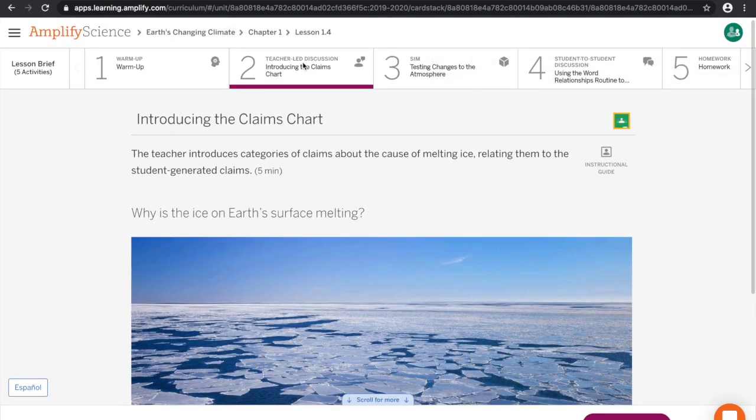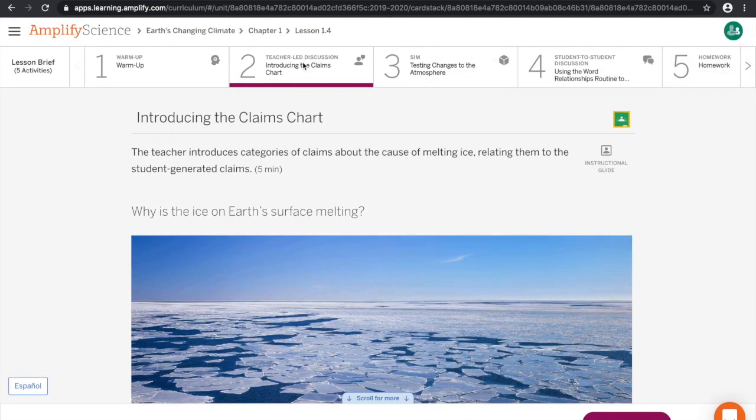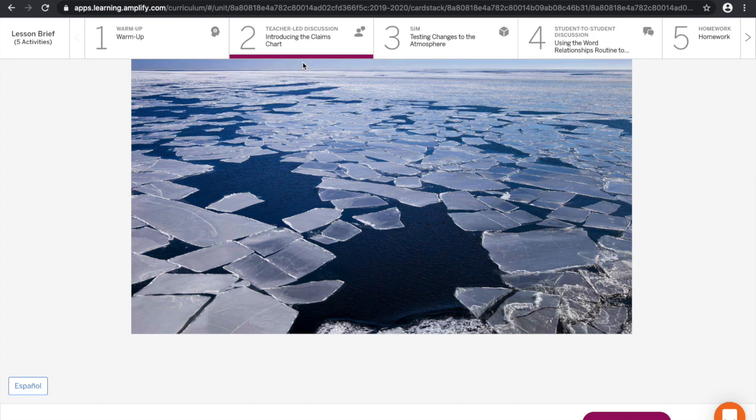Now, we're going to look at different things and claims, but I want to remind you guys that the unit question we're focusing on is why is ice on Earth's surface melting? But for today's investigation, we're going to look at what kinds of changes to the atmosphere could affect how much energy is absorbed by Earth's surface.